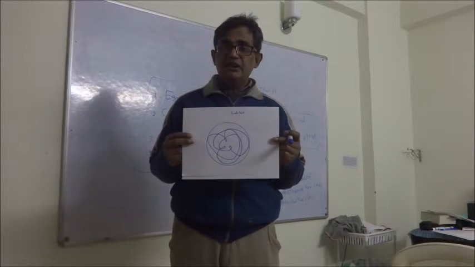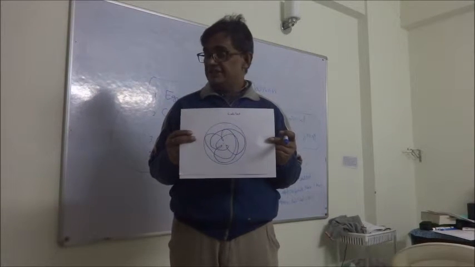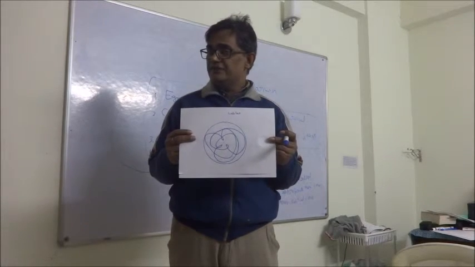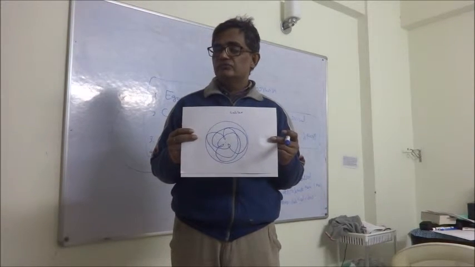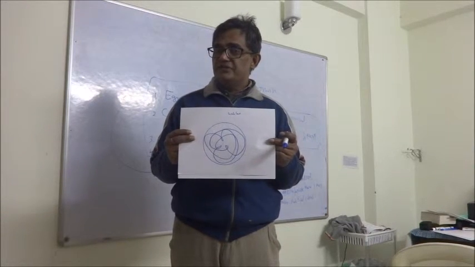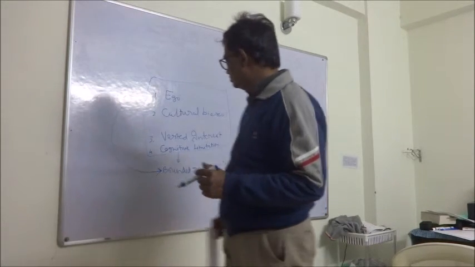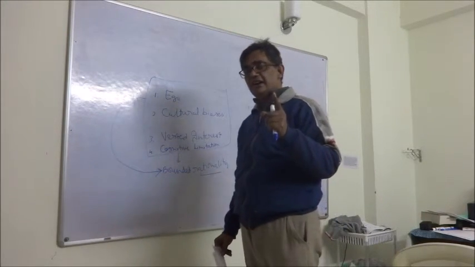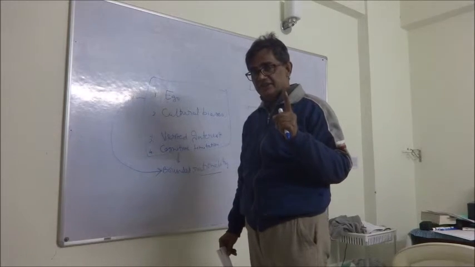Now, how did Galileo know that Earth is not at the center of the solar system, the universe? For that we have to understand why the earlier people committed that mistake.